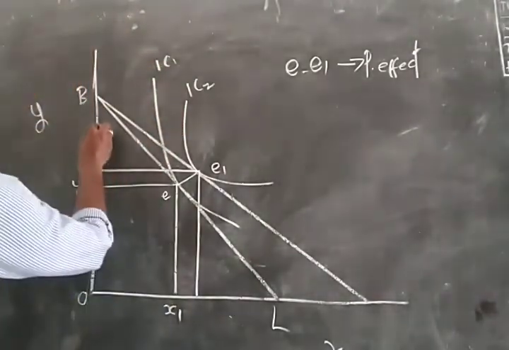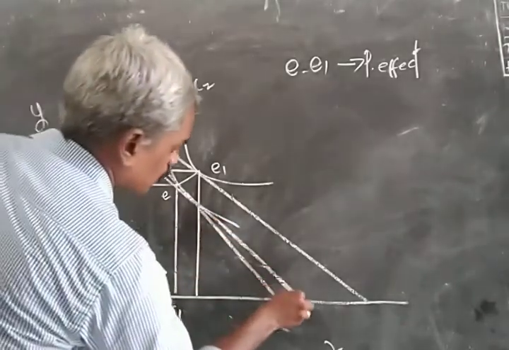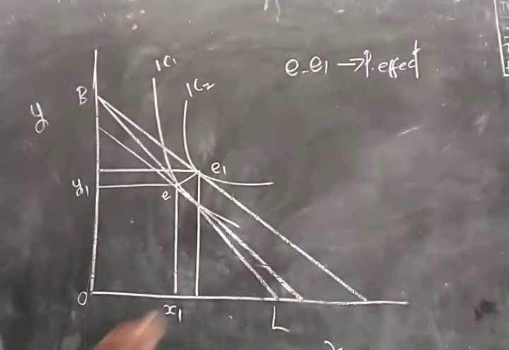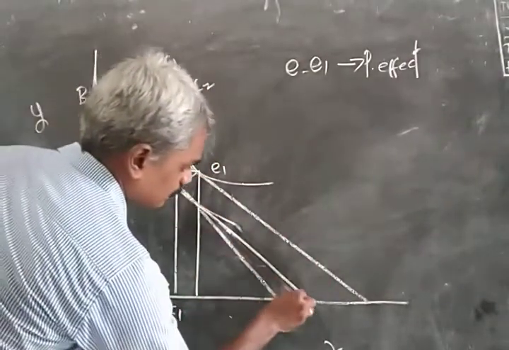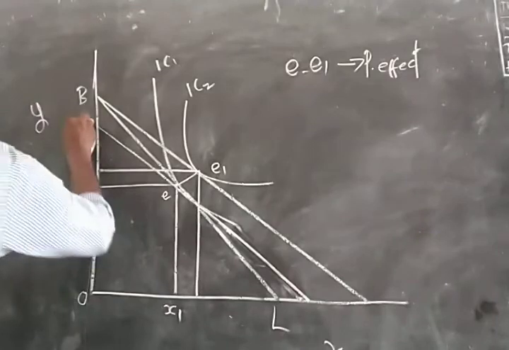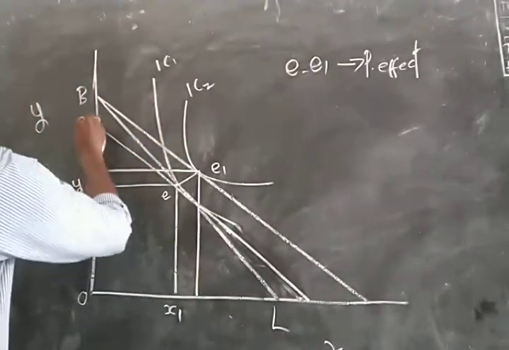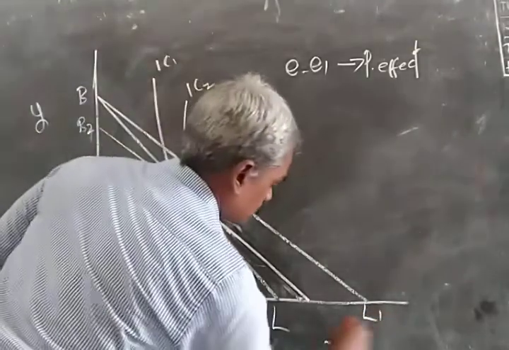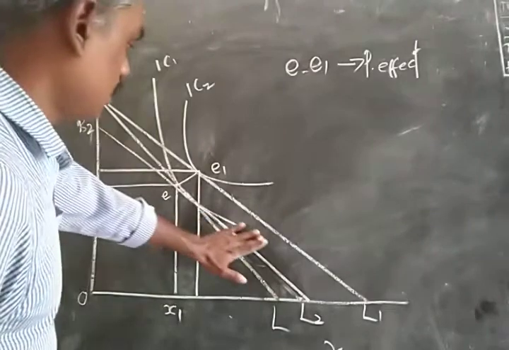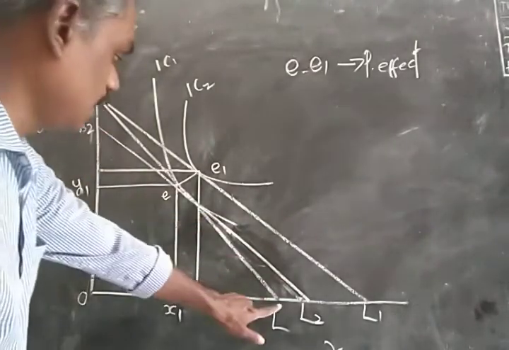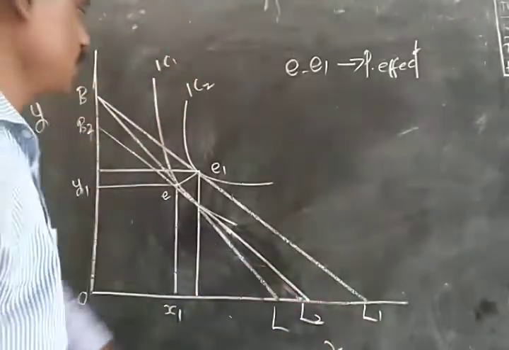And here we are using a technique by which we draw a new budget line which is parallel to the old budget line. We have seen that our initial budget line is BL, the price of X fell and the budget line rotated to BL1.